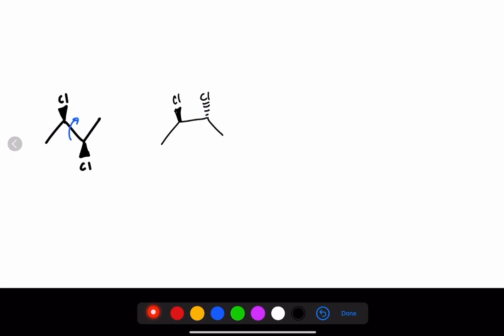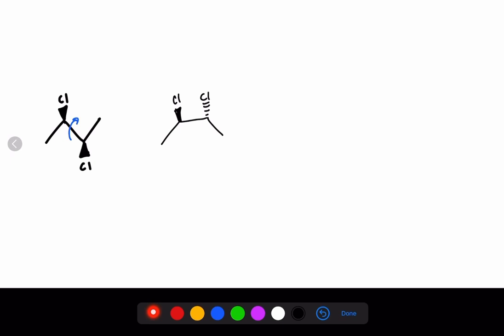If you have a model kit, you could try building this molecule and then twisting that bond, and you'll see how when you twist it 180 degrees, that chlorine ends up going from towards you to away from you. Now, when the molecule's like this, you can see that it doesn't have a plane of symmetry because one chlorine is on a wedge and one chlorine is on a dash.